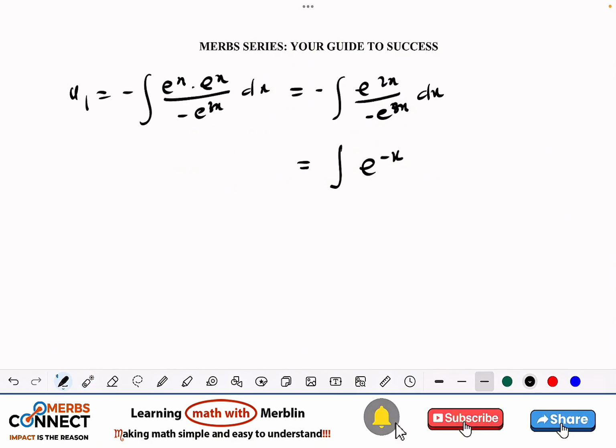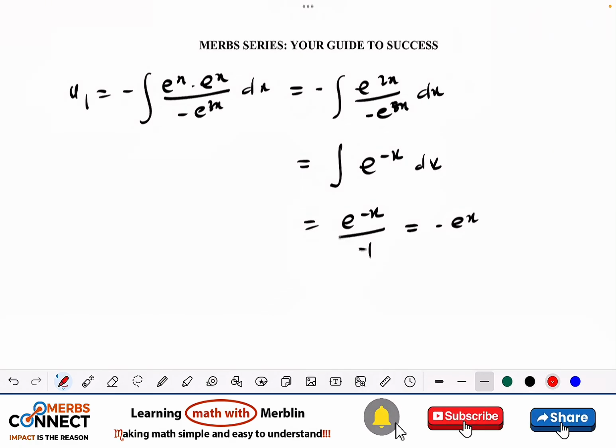We have like indices, the bases are the same, so we need to subtract the powers, and this is dx. When I integrate this, I'm going to have e to the power minus x divided by minus 1, which is minus e to the power minus x. So this is very simple to do, a lot of guesswork.